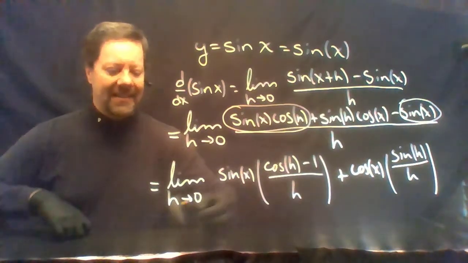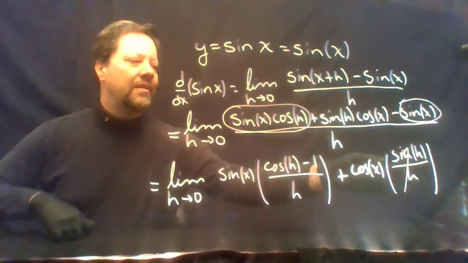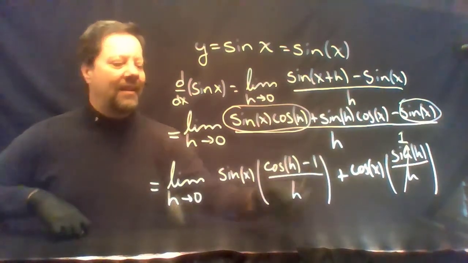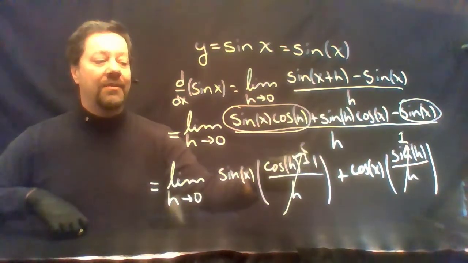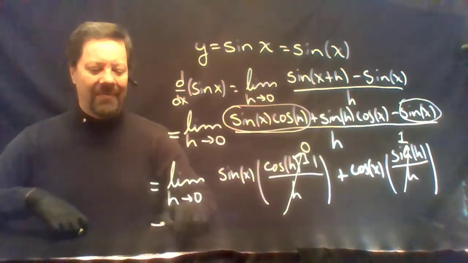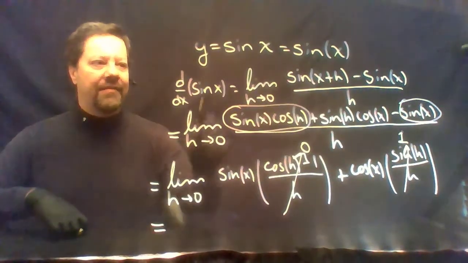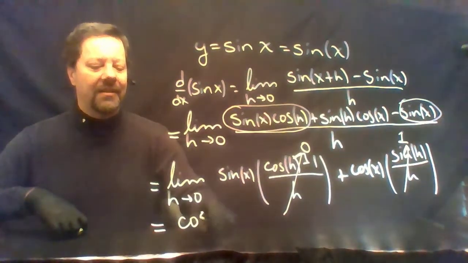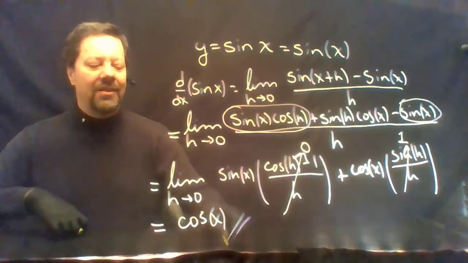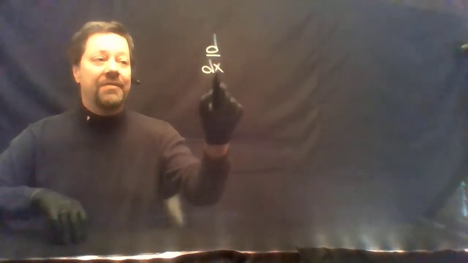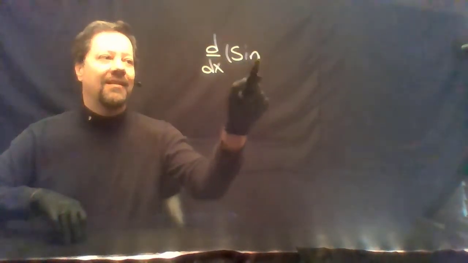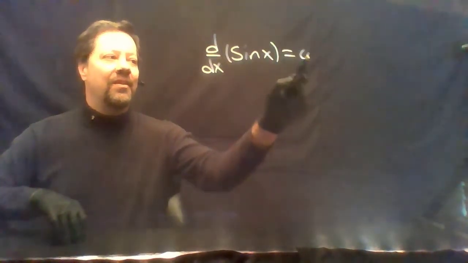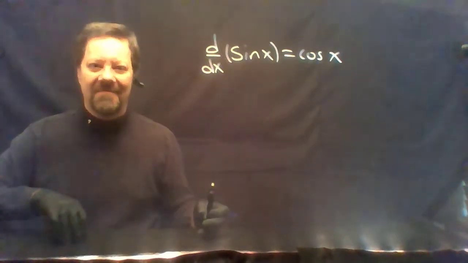This last limit, as h goes to 0, gives you 1, and this limit gives you 0. So the derivative of the sine function is cosine. I want you to remember this formula forever too. The derivative of sine is cosine.